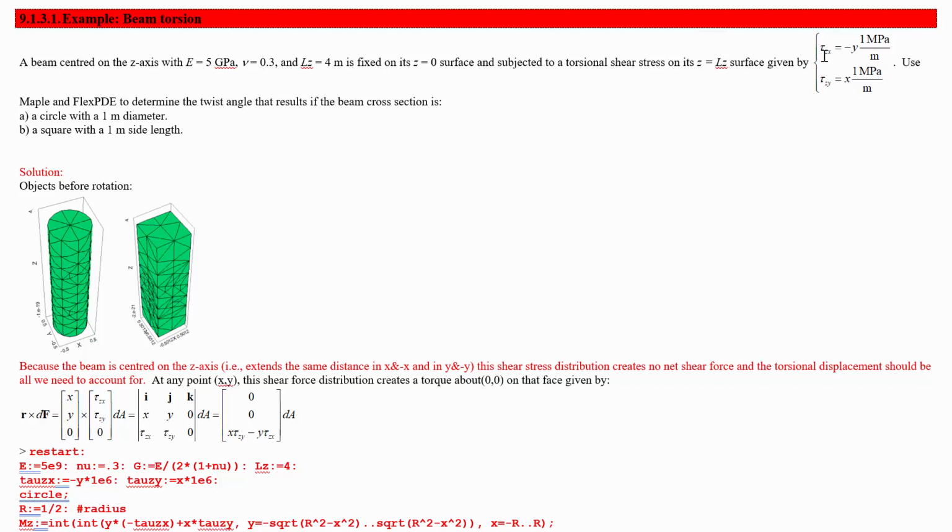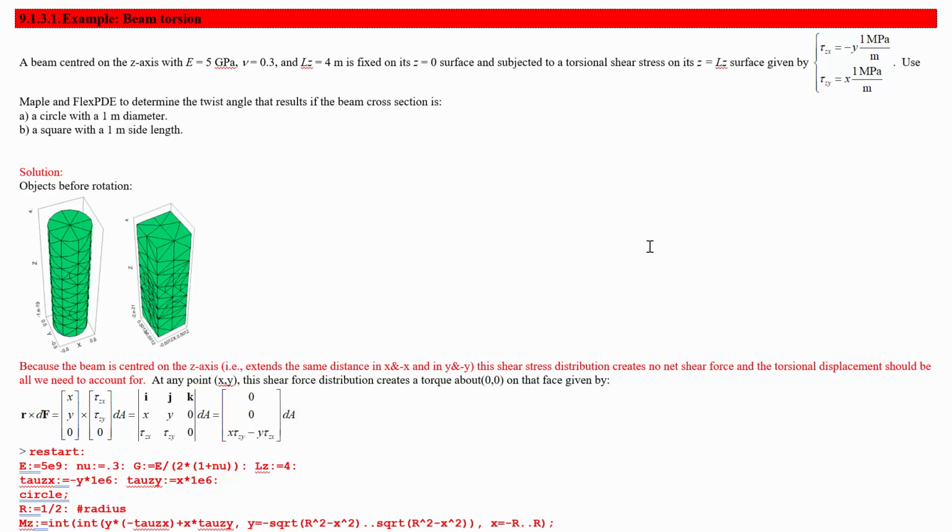So we have a stress on z in the x direction, which is based on the negative y position, 1 megapascal per meter. That's going to make it in megapascals after we multiply by the y position, and a stress on z in the y direction, which is given by this expression, x times 1 megapascal per meter. So the more to the right we are, the more upward stress we have.